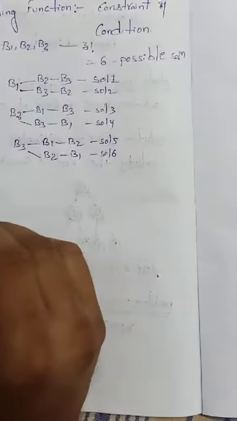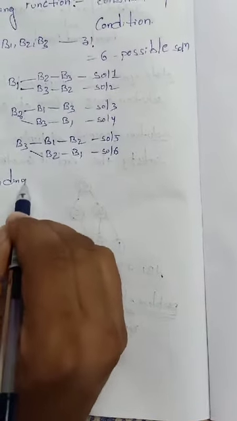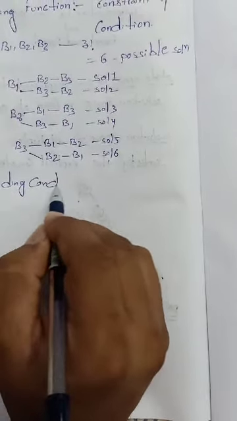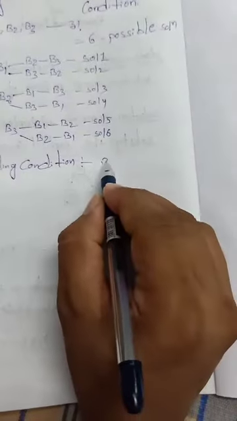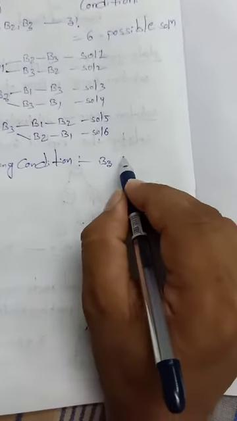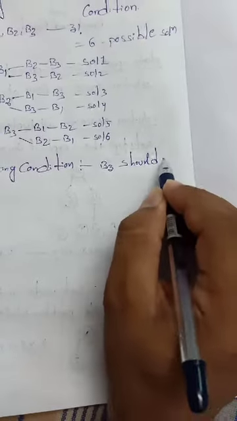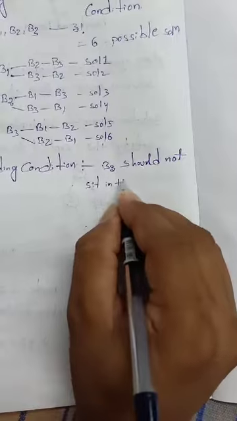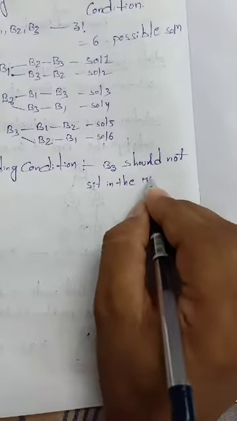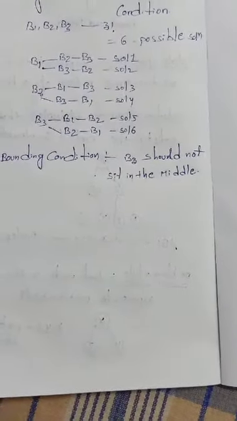If you give a condition, what is the bounding condition? Boy 3 should not sit in the middle.